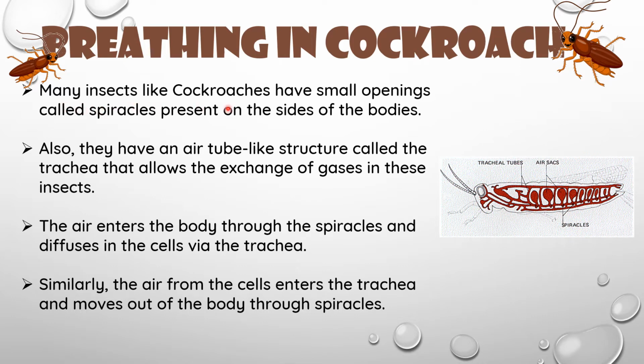Many insects like cockroach have small openings called spiracles present on the sides of the body. This is the cockroach, and on the sides of the body they don't have lungs or that kind of respiratory system, because they are small insects.